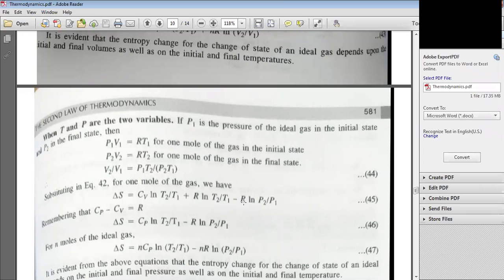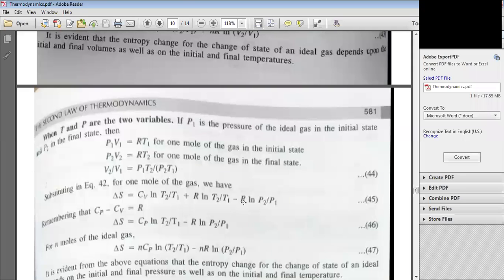If we combine these two, we have Cv plus R times ln T2 by T1. But Cv plus R is Cp. So equation number 45 gets modified to a simplified form, equation 46: delta S is equal to Cp ln T2 by T1 minus R ln P2 by P1.